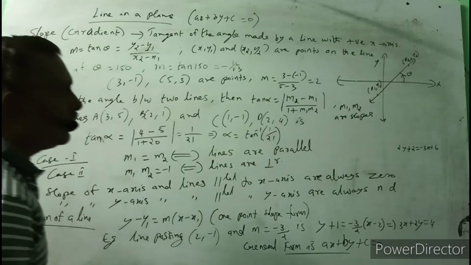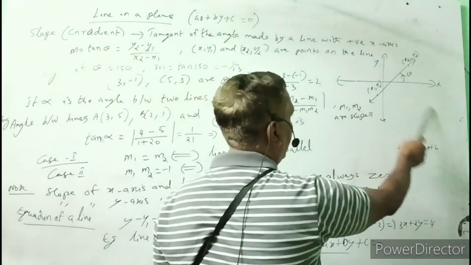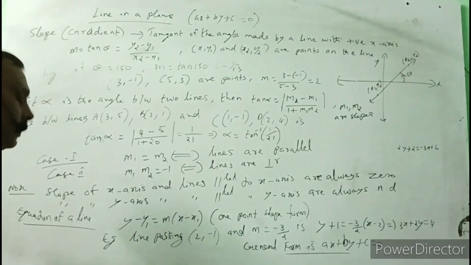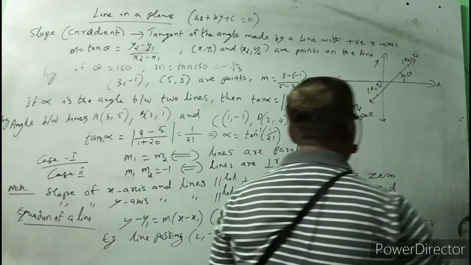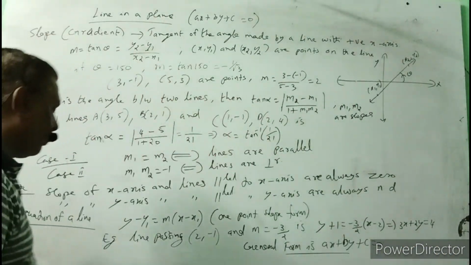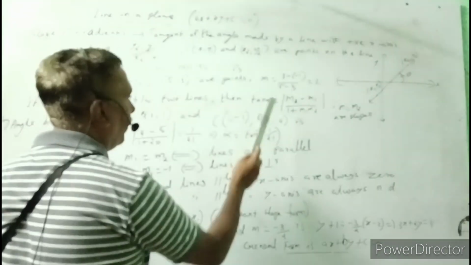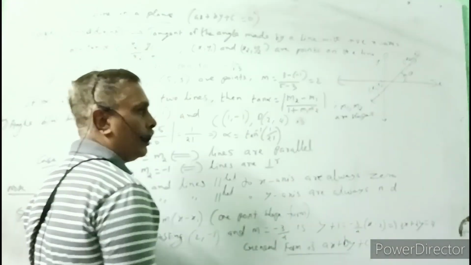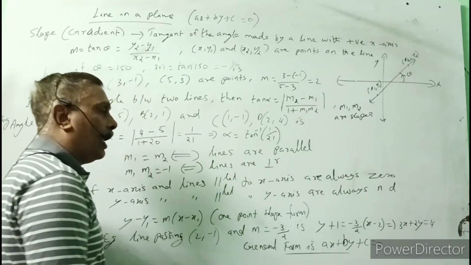Now can you find out the angle between two lines? Suppose one more line is drawn here somewhere, and so that what angle is forming between those two lines. If you know the slopes of both of the lines, then we can find out the angle between them by using the formula tan alpha equal to modulus of m2 minus m1 upon 1 plus m1 m2, where m1 and m2 are the slopes of the given lines.